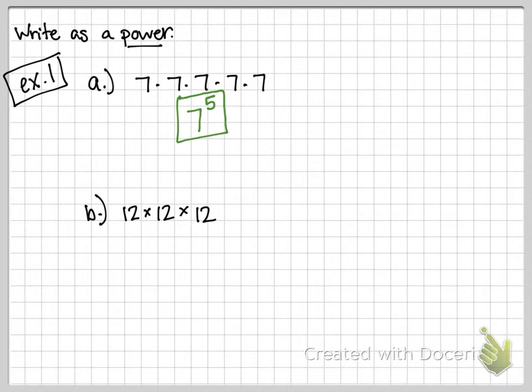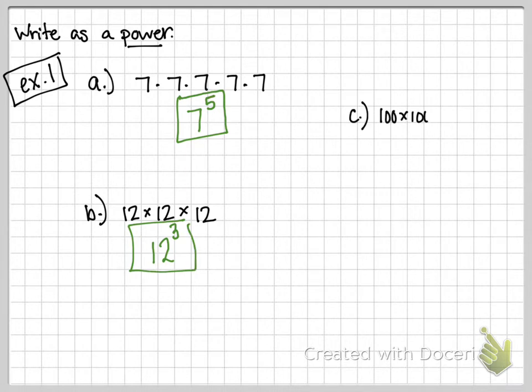Take this repeated multiplication and write it as a power. Notice our base is the number that's being repeated, and our exponent should tell us how many times we repeated it. Dylan, what did you say? 12 to the 3rd power. Perfect. 12 is our base to the 3rd power. So notice our exponent is little. It's up to the right, and we say 12 to the 3rd power. Very good.